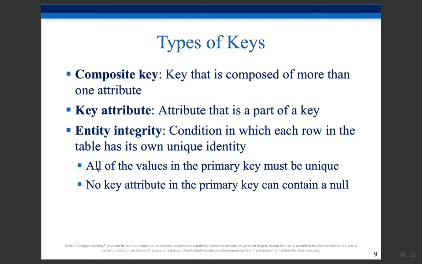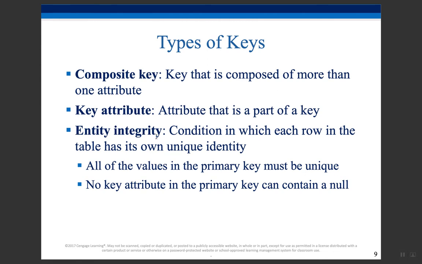So the idea of a composite key: if you have more than one field that makes up a key, it's called a composite key, and each key will have its own attribute. Now, we started on integrity. If every row in the table has its own unique key, then it will have entity integrity.